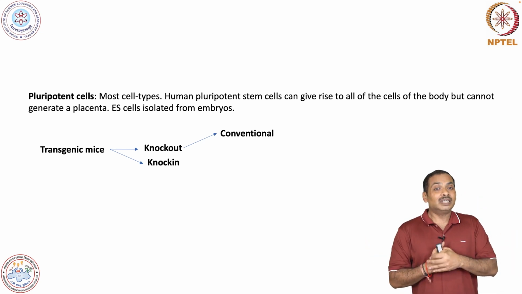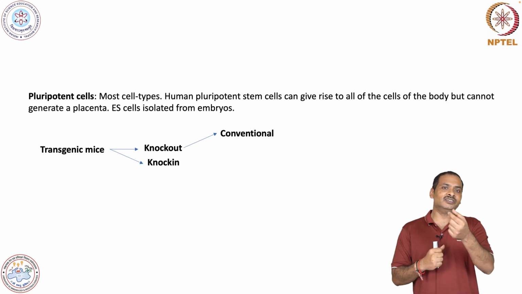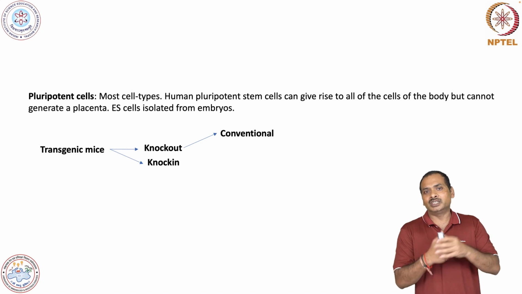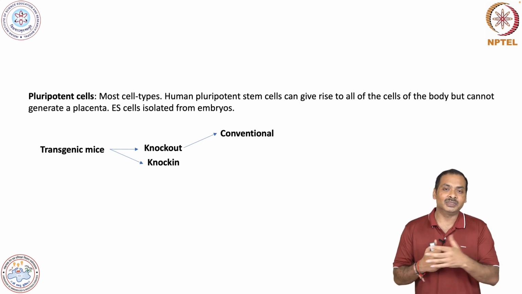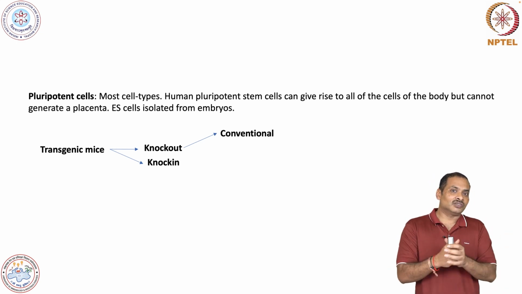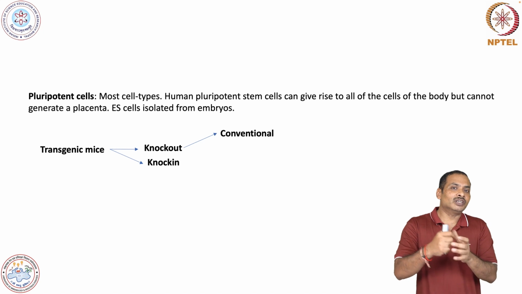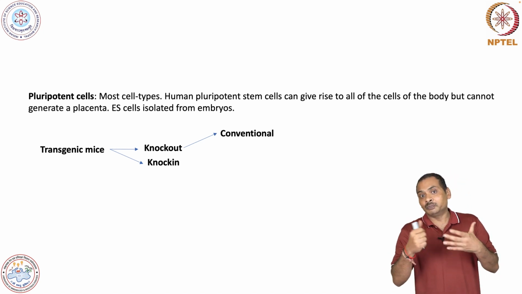But sometimes, if this gene is involved in the development process, this will cause embryonic lethality, meaning that after fertilization of the egg by sperm, the embryo cannot develop because this gene may be involved in development.